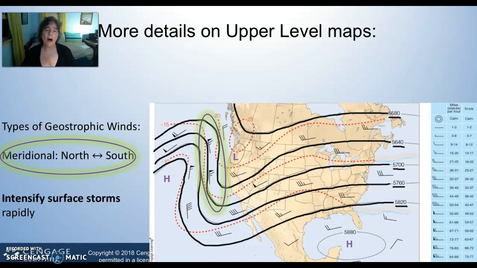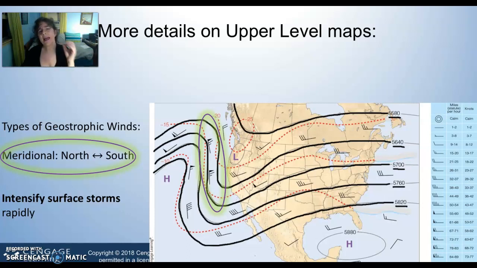Very common off the west coast of the United States, and these tend to throw a kink into the upper level maps and a trough into those maps, and also give a detour to winds.